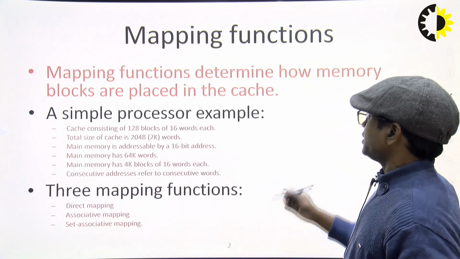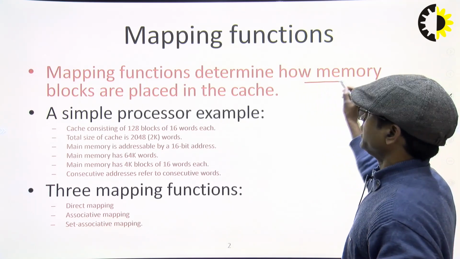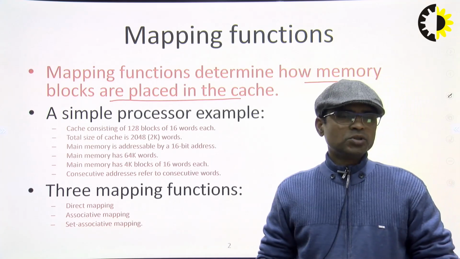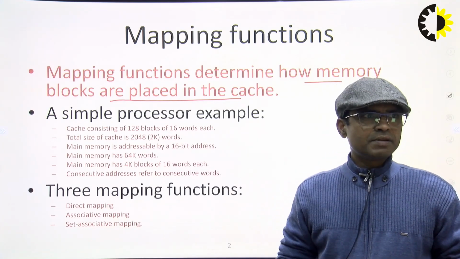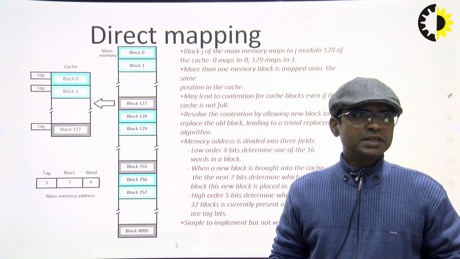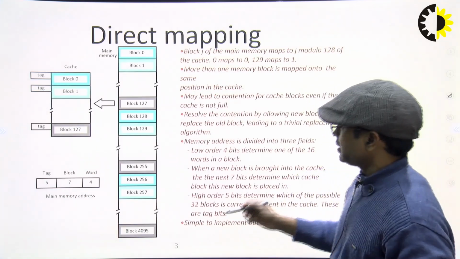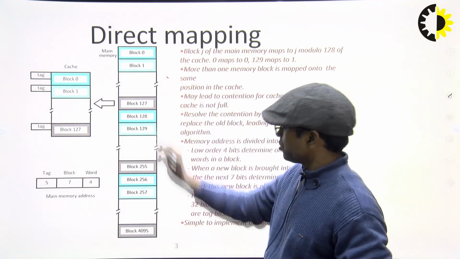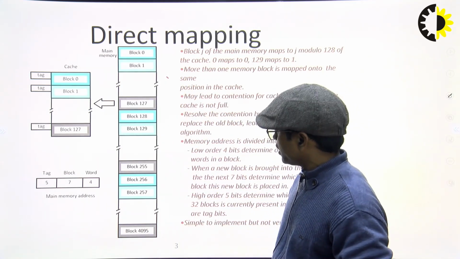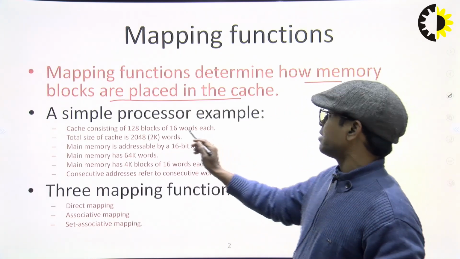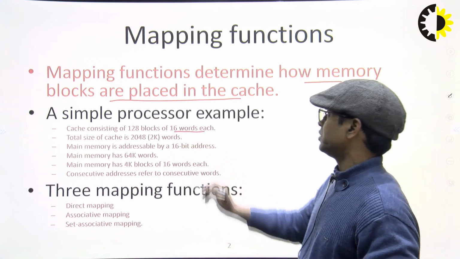Now, the mapping function determines how blocks are placed in the cache. The memory unit is divided into memory blocks. If we see this diagram, there are 4096 blocks, starting from block 0 to block 4095, and each block is composed of 16 words.